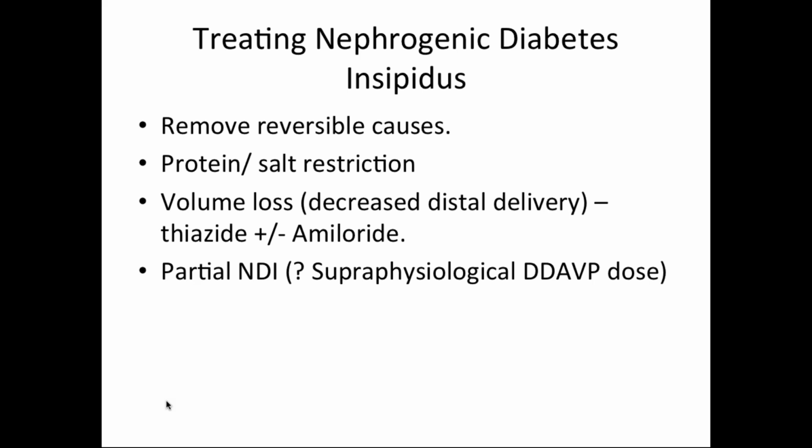If the water deprivation test is equivocal, then the usual recommendation is to do ADH testing during a water deprivation test to help guide the diagnosis between partial central DI, primary polydipsia, or partial nephrogenic DI.